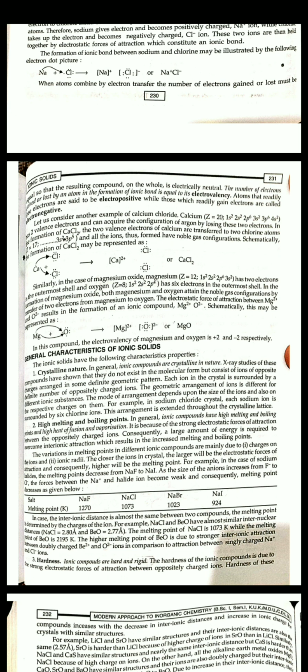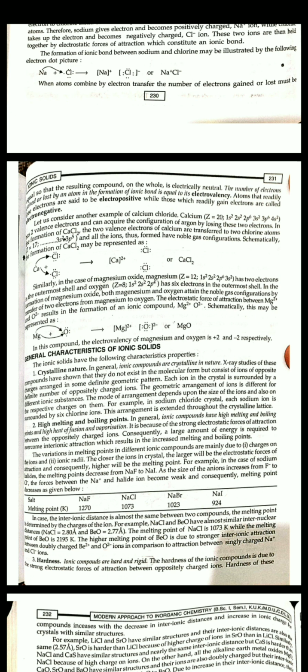In case the interionic distance is almost the same between two compounds, the melting point is determined by the charges of the ions. For example, NaCl and BeO have almost similar internuclear distances.